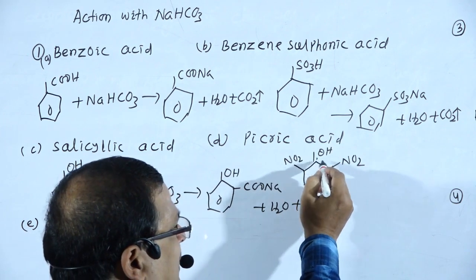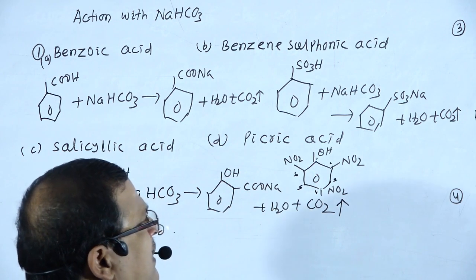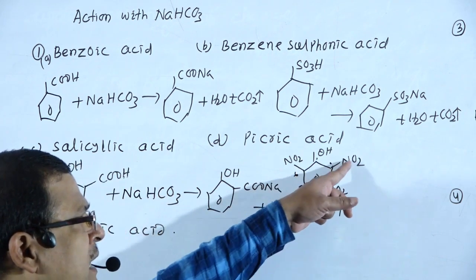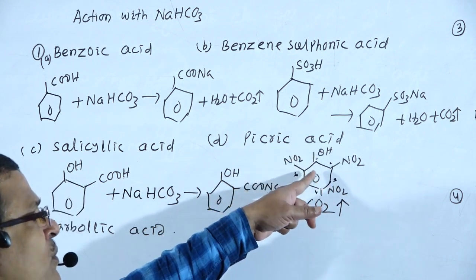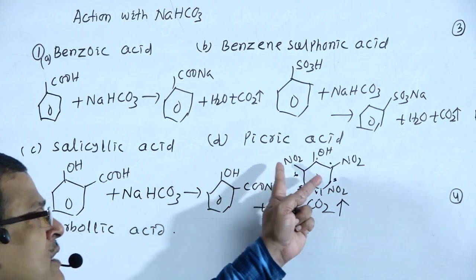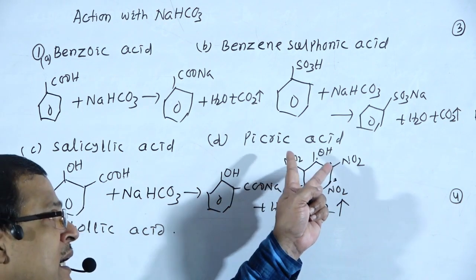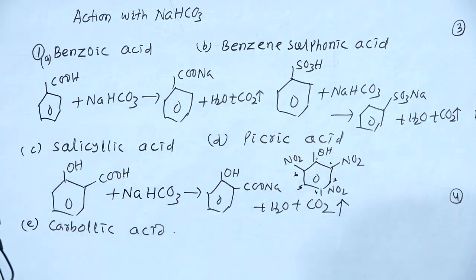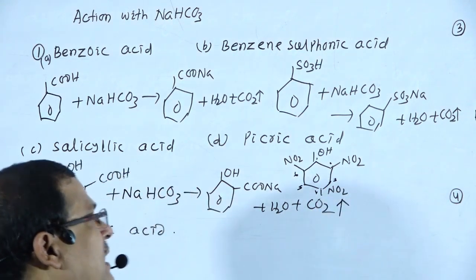So 2, 4, 6 trinitrophenol is known as picric acid. In this compound there is no COOH group, therefore it does not respond to sodium bicarbonate, meaning there is no release of carbon dioxide.